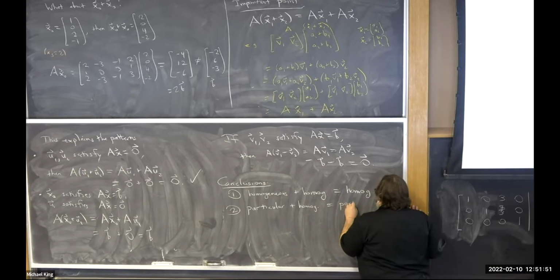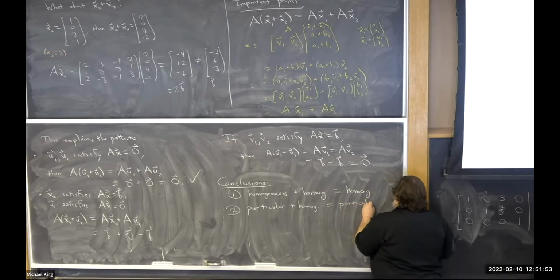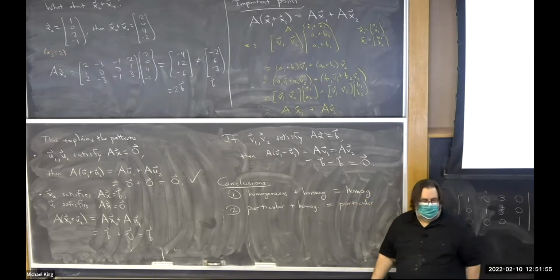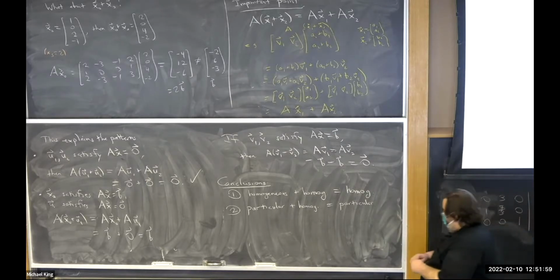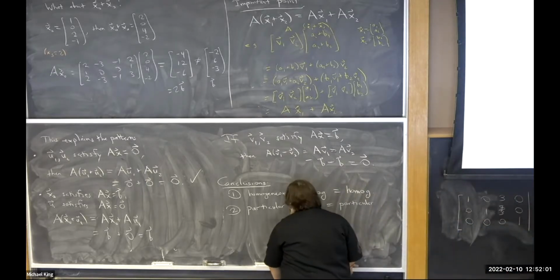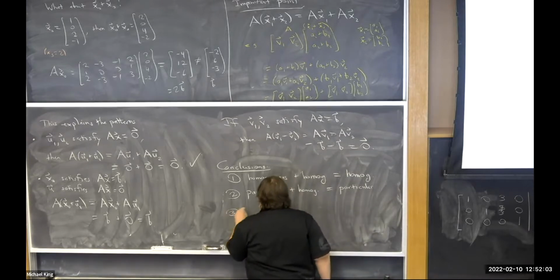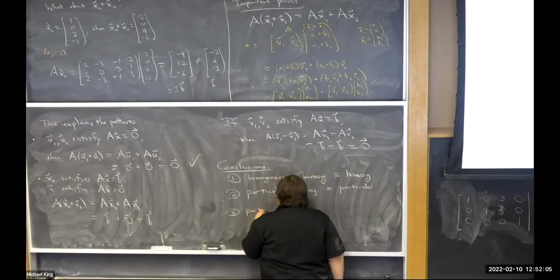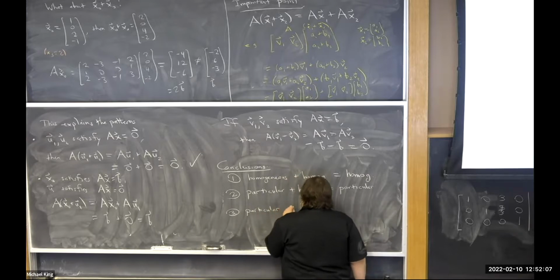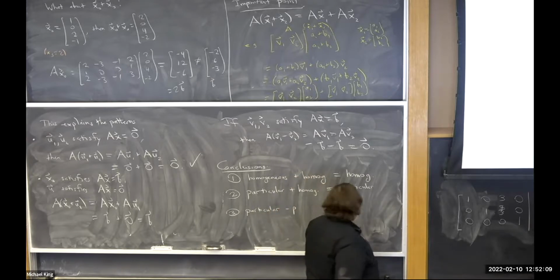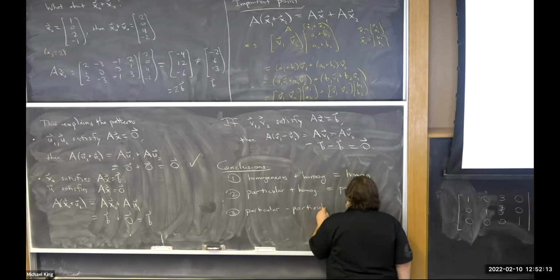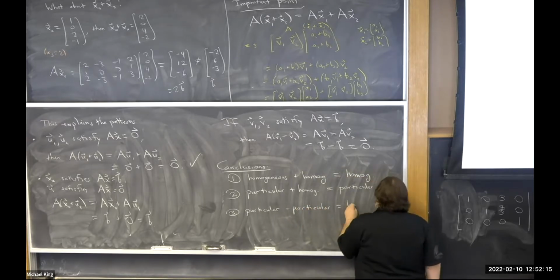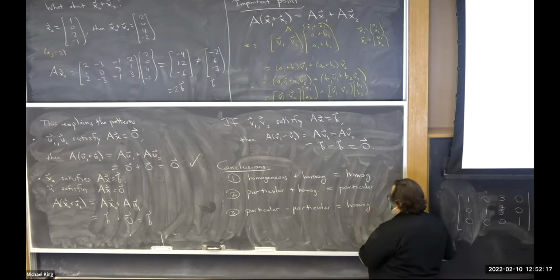I mean, these aren't really equations. These are more like statements, right? And then the third was that particular minus particular is homogeneous. And there are really interesting reasons why. I don't think we'll do it today, but next time I'll show you some geometric ways to interpret this. Okay, cool.